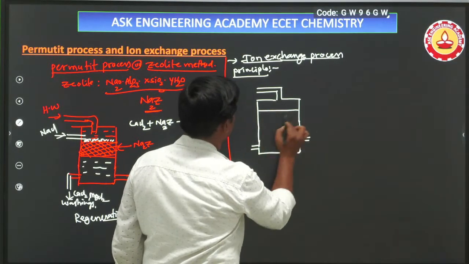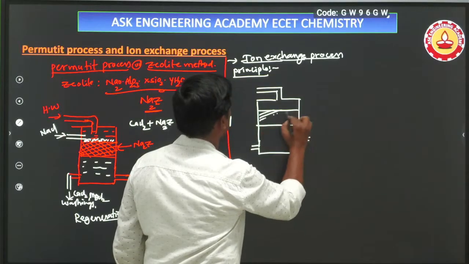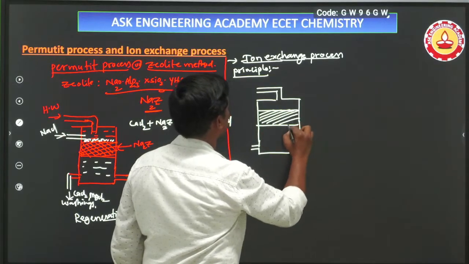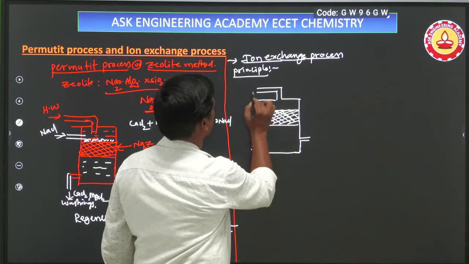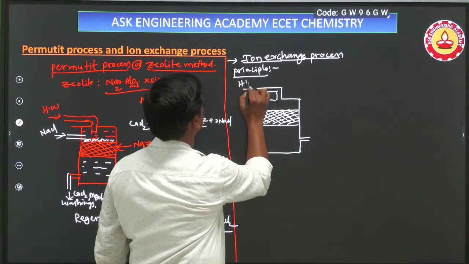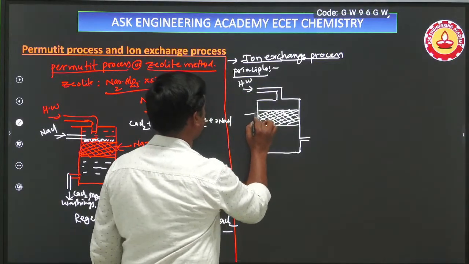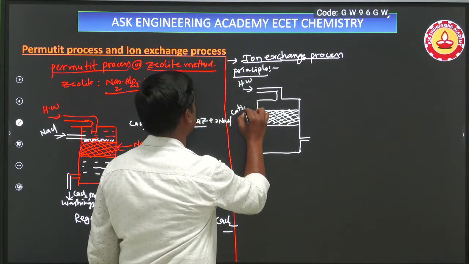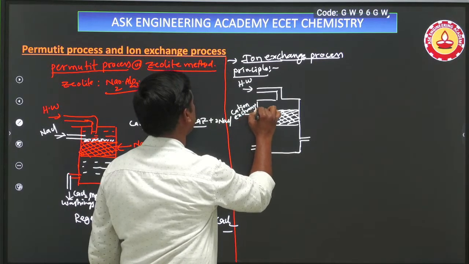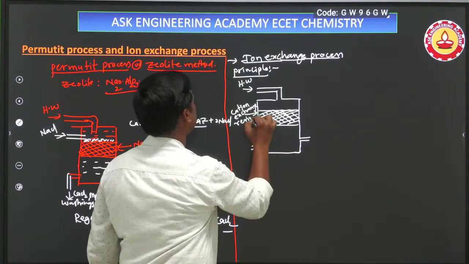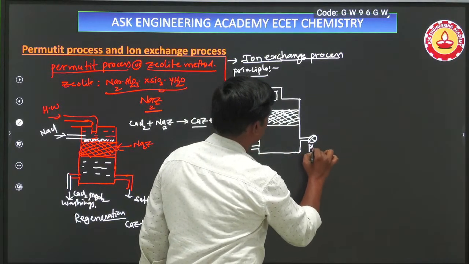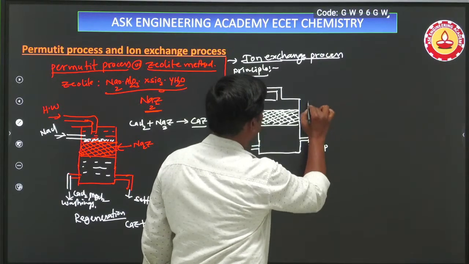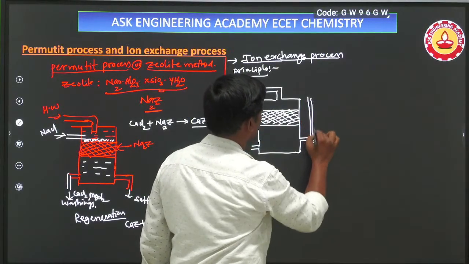This simple diagram contains a cation exchange resin in the middle. Here the hard water comes in to the cation exchange resin. With the help of a pump, this water is again sent into one more tank.